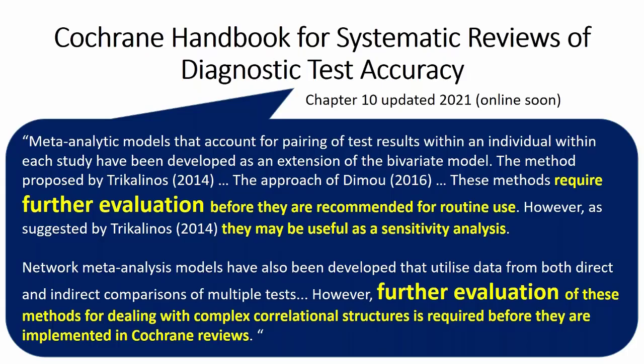This is what we say in the handbook. We've updated chapter 10 of the handbook that deals with meta-analysis, and this will be online soon. Our conclusion is that these methods require further evaluation before they can be implemented in Cochrane reviews.